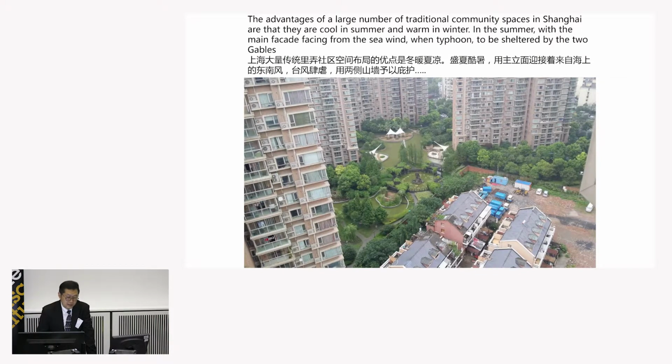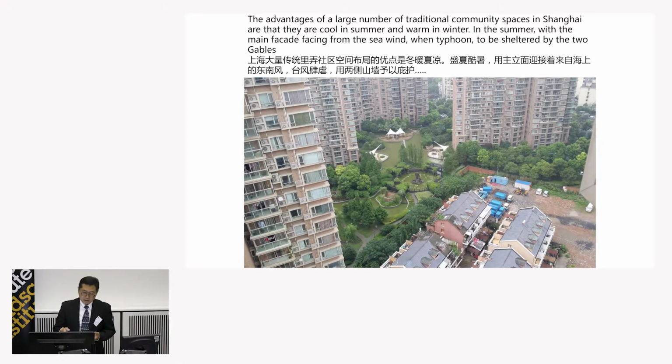But today, things changed. The advantages of a large number of traditional community spaces in Shanghai are that they are cooler in summer and warmer in winter. But today, things changed. These are old buildings from the past, but this is the new buildings.